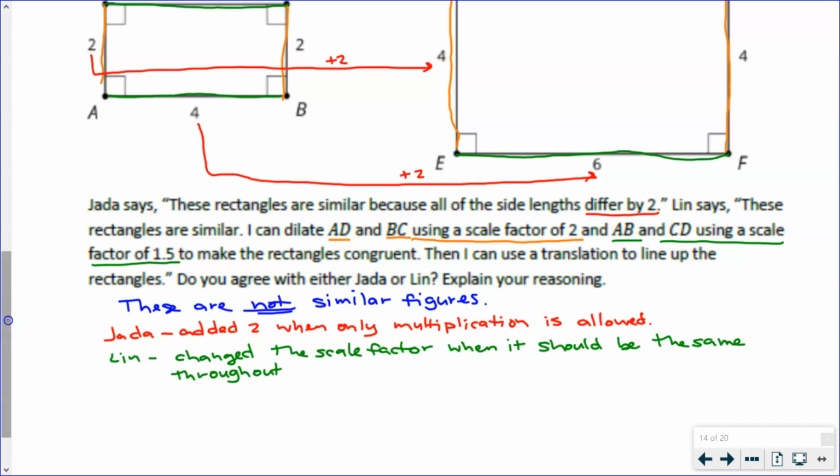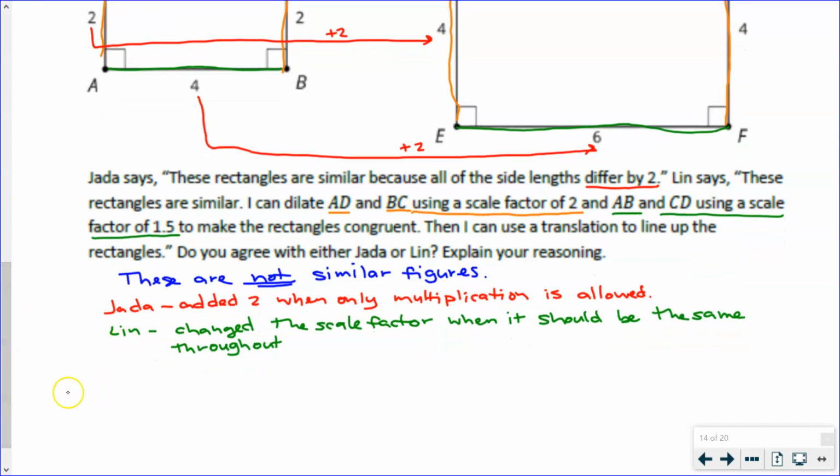Here's the big takeaway that you need to understand from this. When we're looking for similarity, we need to check the angles. The angles shouldn't change. But that's not the only thing we should be checking.